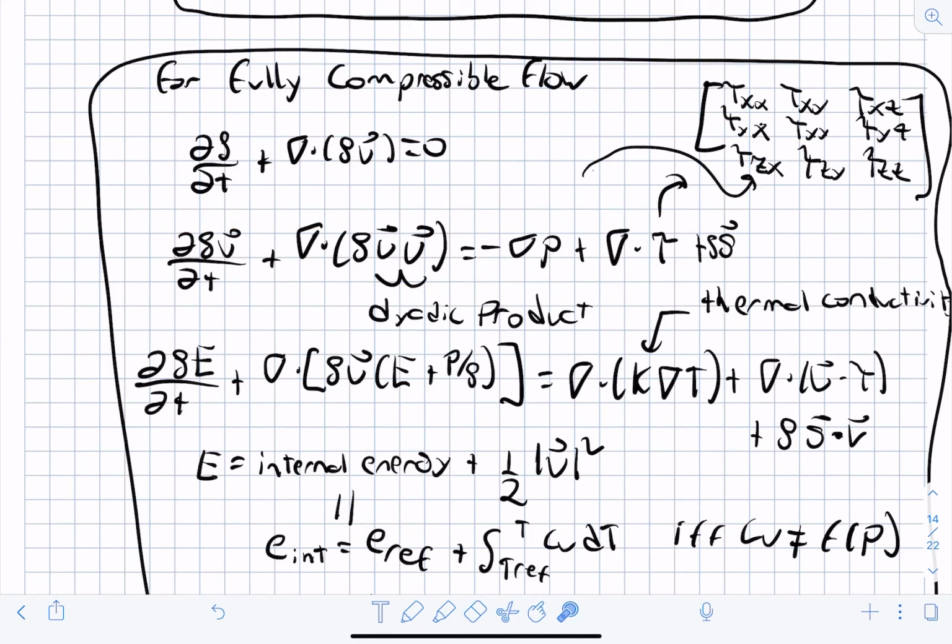And in general, it's not divergence free, so we need to actually deal with the entire stress tensor. And this is a vector times a vector. Don't worry about that operator. It's called a dyadic product. So it's neither a cross product nor a dot product. It's a different type of product, which you probably never heard of, so do not worry about it.